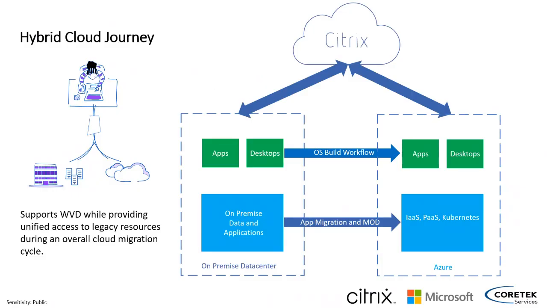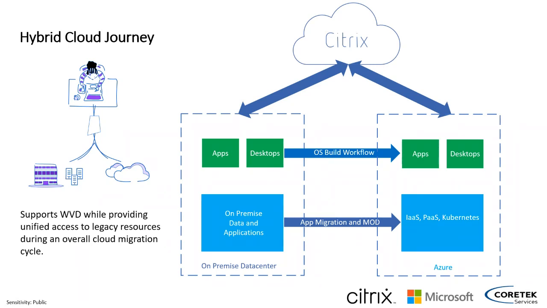So conceptually, this is a very simple drawing, but it resonates for many people, because a lot of people can't flip a switch overnight and just be on an entirely new platform in the cloud. What you really need is somewhat of a journey to get there.